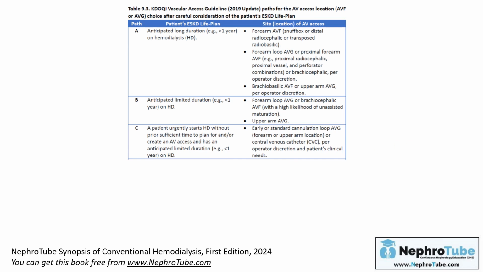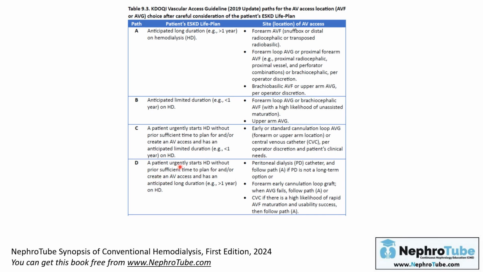And finally, if the patient also started hemodialysis urgently without enough time to create the AV access, and the anticipated time on hemodialysis is more than 1 year, these are the options. I will not read the options, it is very easy to read, but I want to mention some points. In these options, you will find that they put AV fistula, AV graft, and a central venous catheter in some situations.